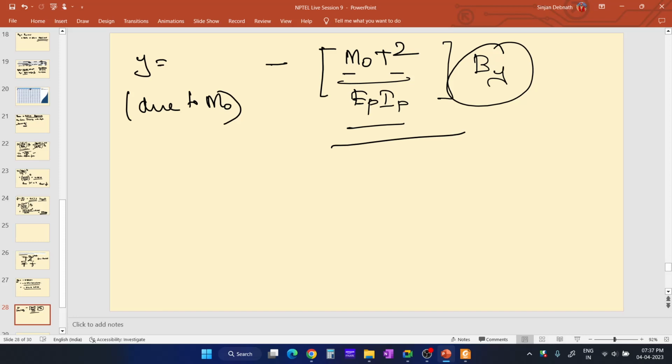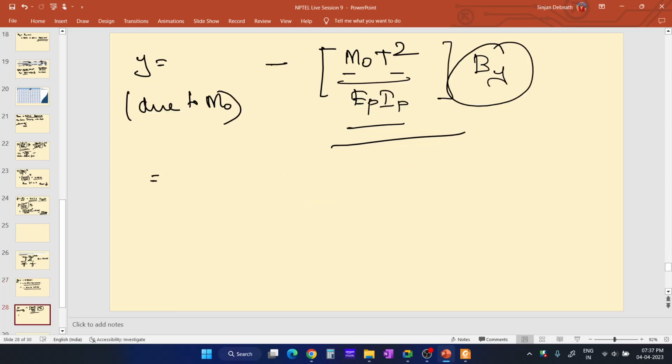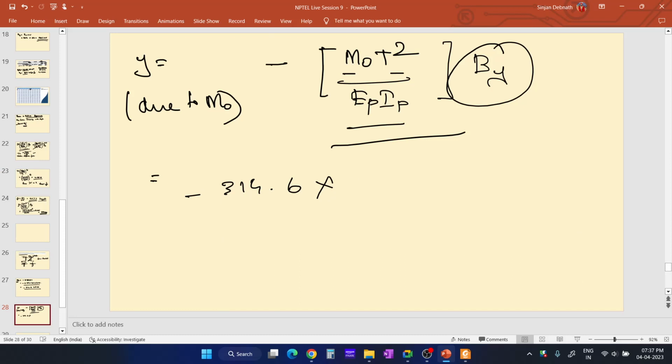So now let us put the values of all the parameters into this equation. How much is M0? M0 we have already determined: it is minus 314.6. T is the relative stiffness factor, 2.05 meter, so 2.05 square, divided by EpIp.